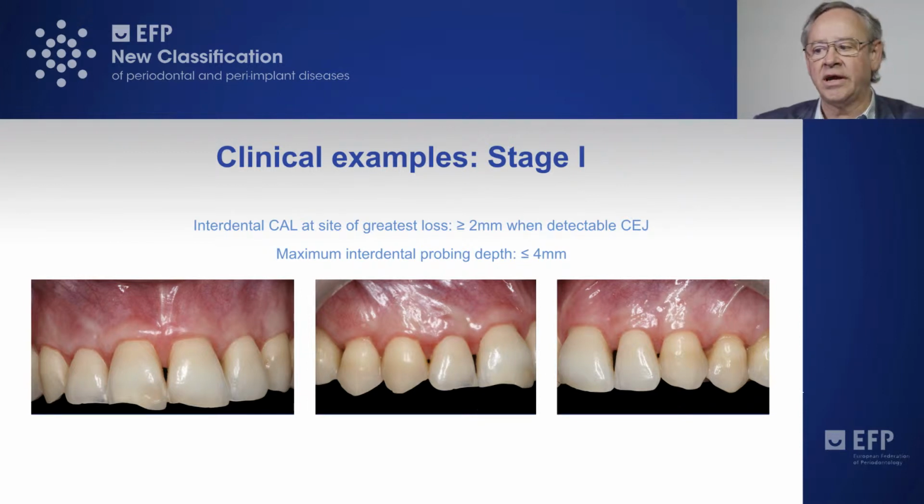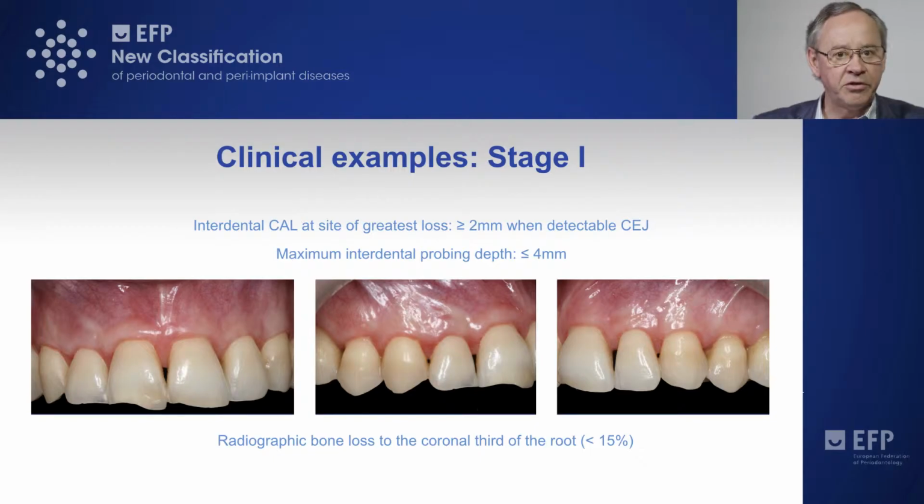In this particular case, we have 1 to 2 millimeters of clinical attachment loss, and we don't have the presence of pockets of more than 4 millimeters. So this is a very incipient periodontitis.